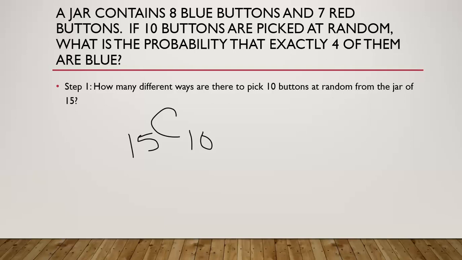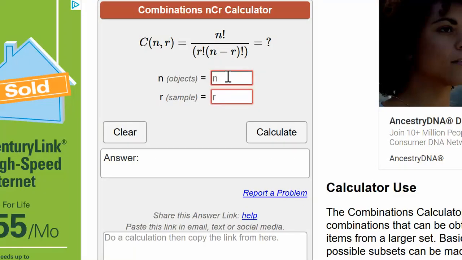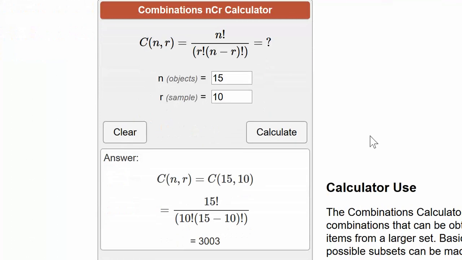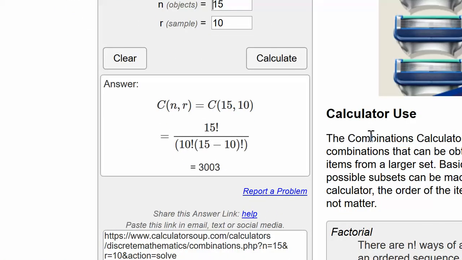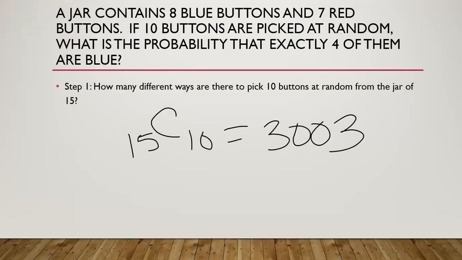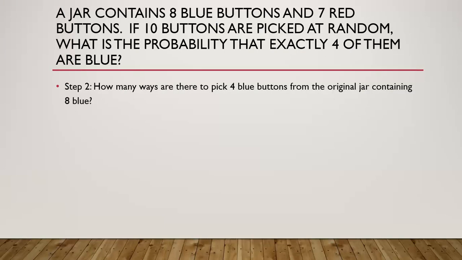So that gives us a combination of 15 choose 10. Again, go ahead and use your combination calculator. My number of objects I'm picking from is 15. I am choosing 10 of them. So 15 choose 10 tells us that we could have 3,003 options.